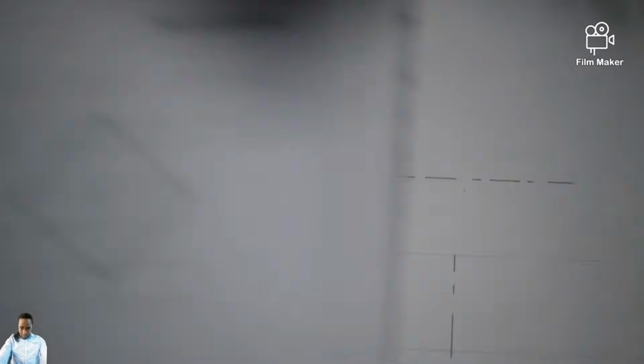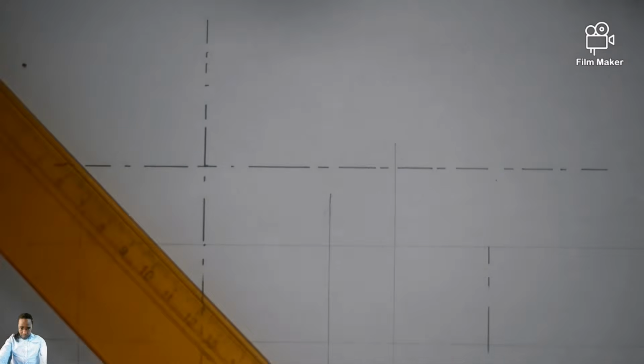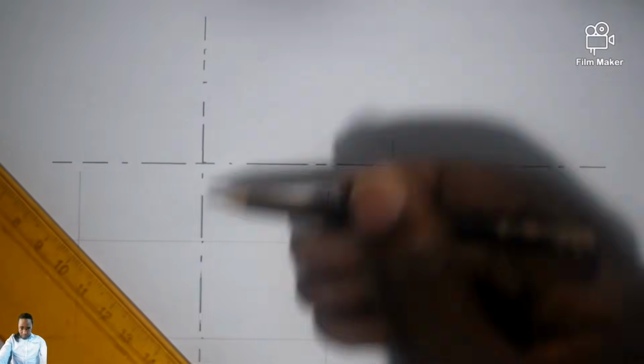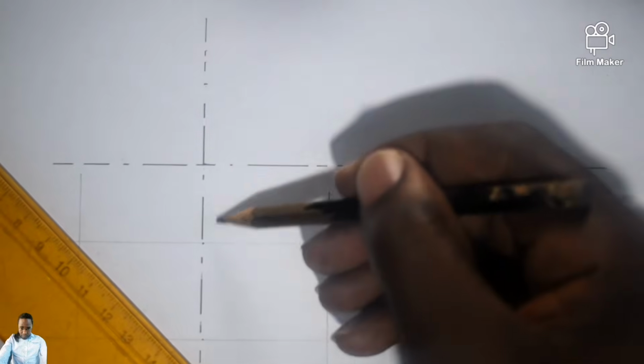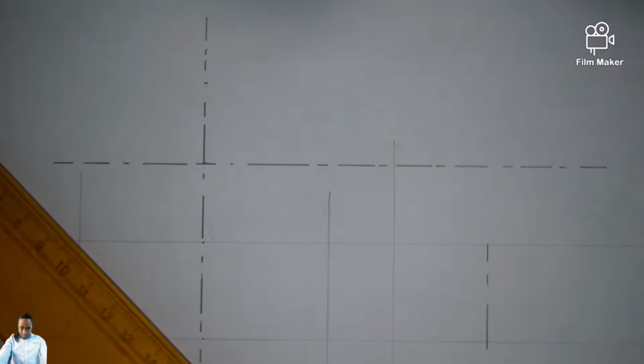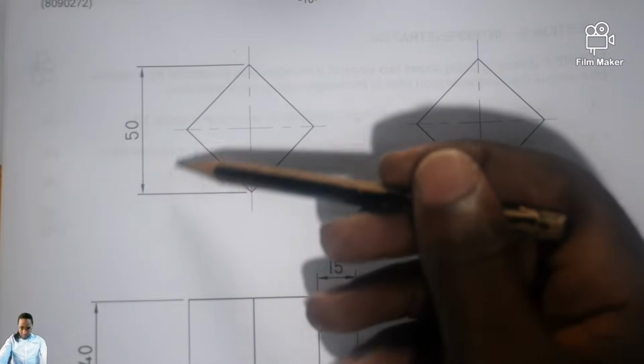Then from there, where's my 45 degrees? Remember, from here till there is 25. From there till there is 25. From here till there is 50 millimeter, which is this 50 that they are talking about.